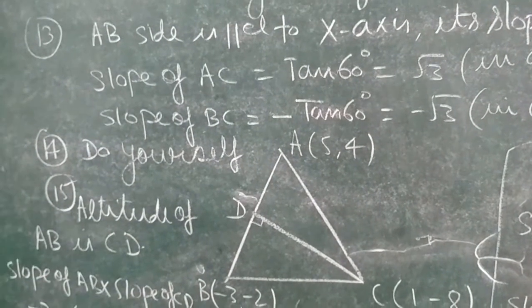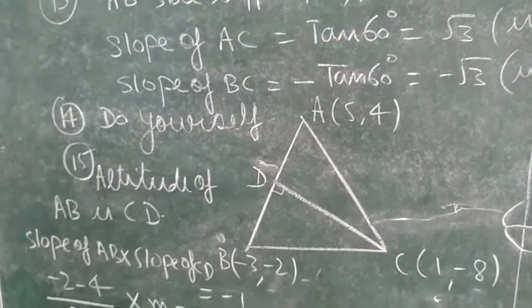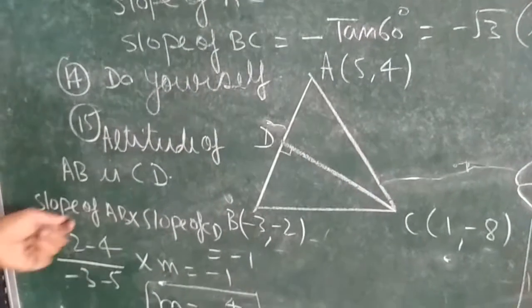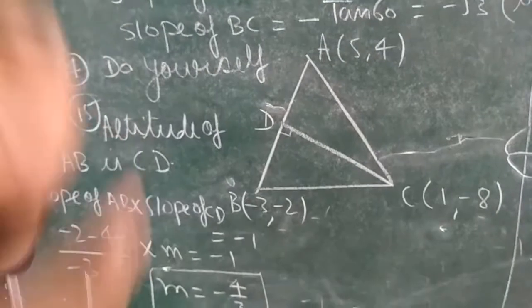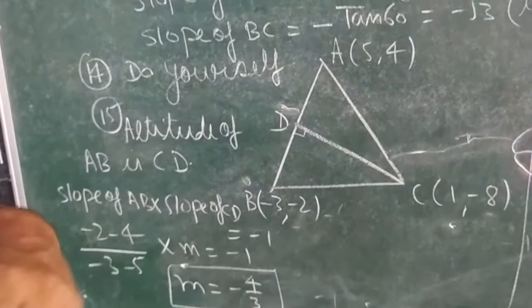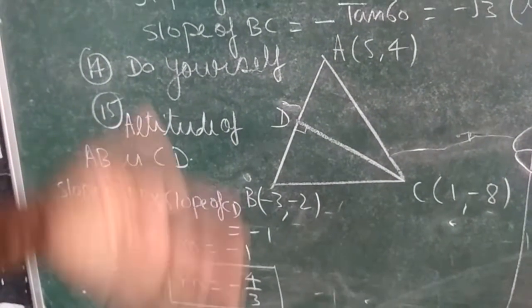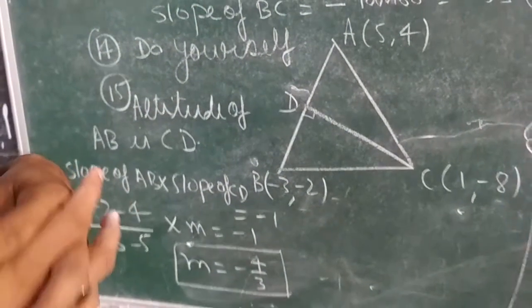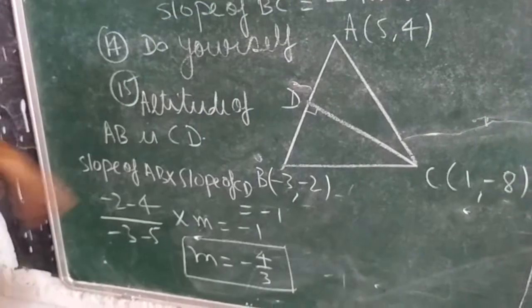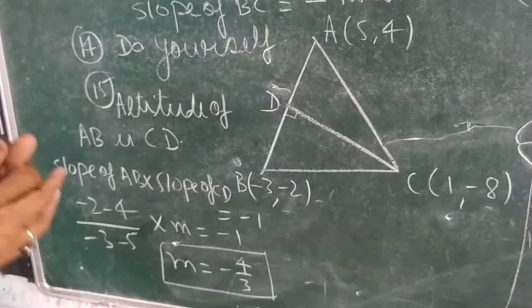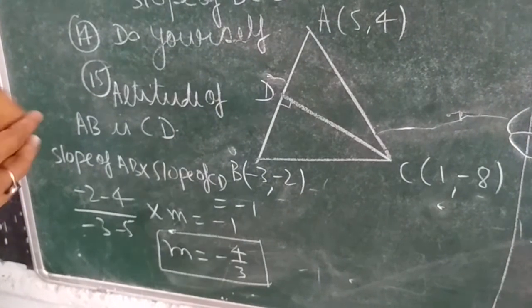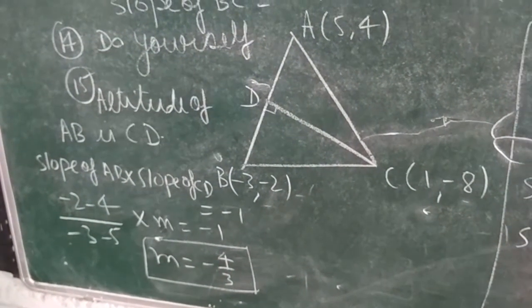15, in this question you have to find the slope of the altitude of AB. An altitude means a line perpendicular to the given line. Because the lines are perpendicular, the product of their slopes is equal to minus 1.